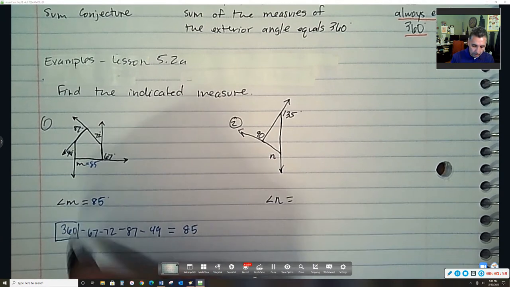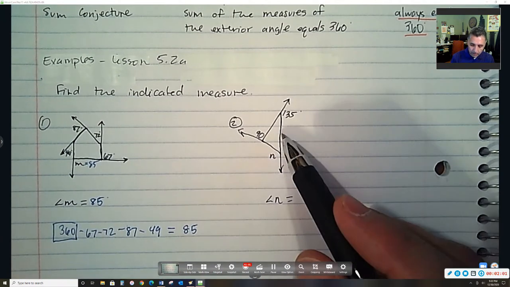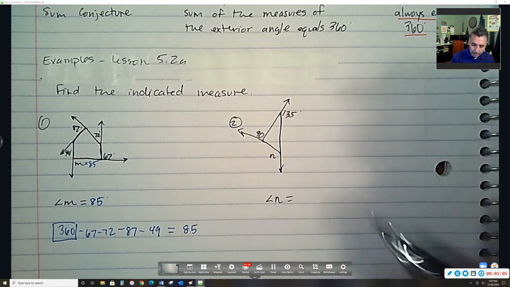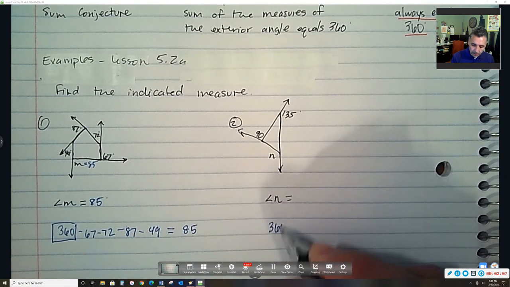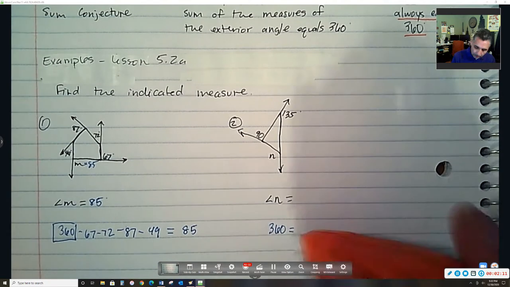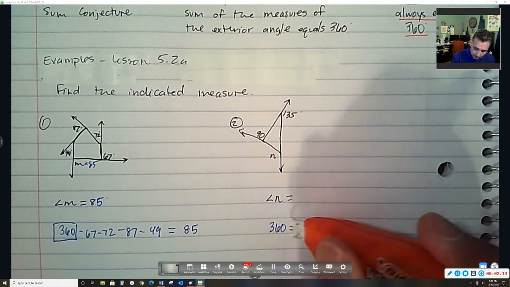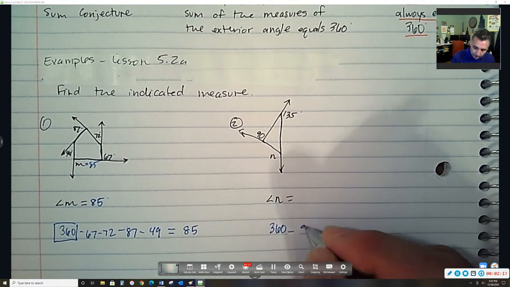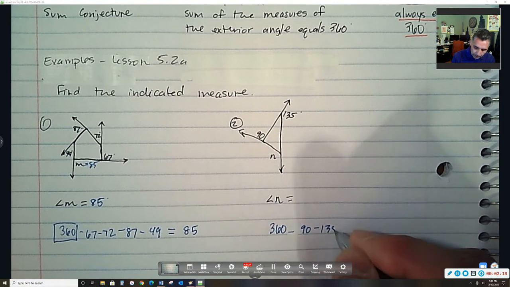Okay. Same thing with this one. There's 3 outside angles here. I know if I add those 3 up, they should equal 360. So what I do to find the one that's missing is I subtract out the ones I know. Subtract out 90 and subtract out 135.